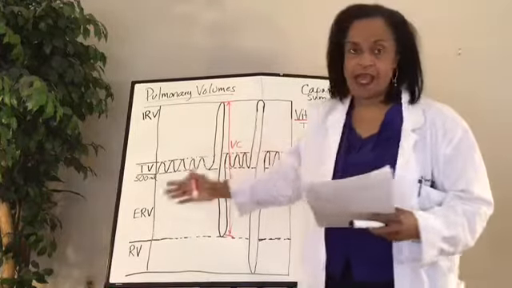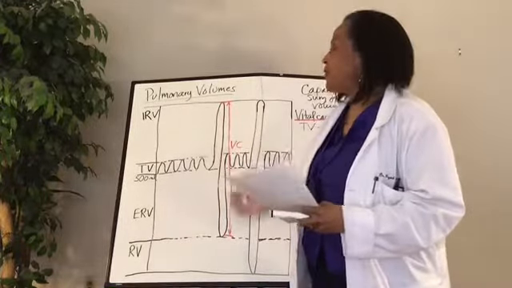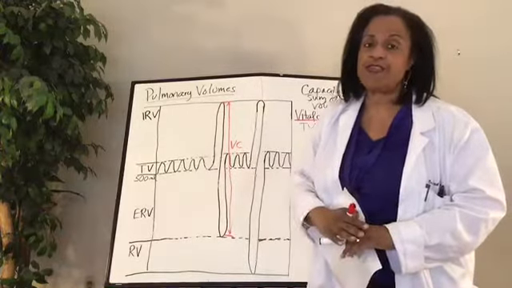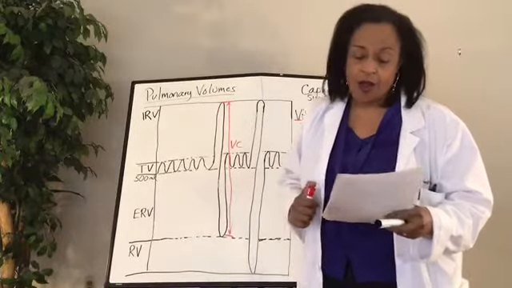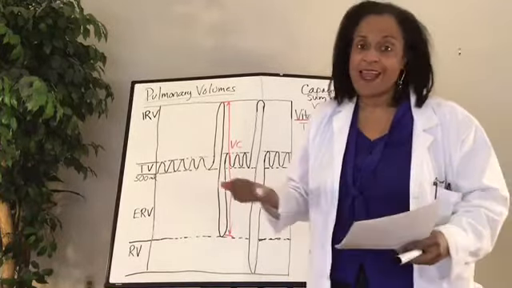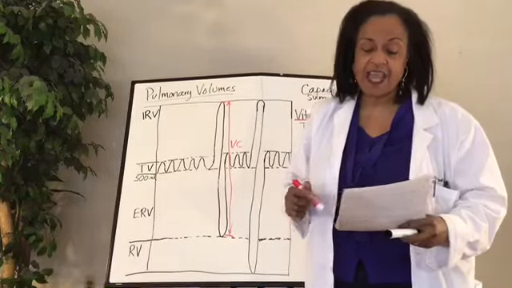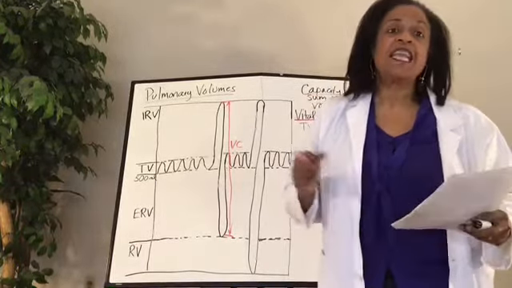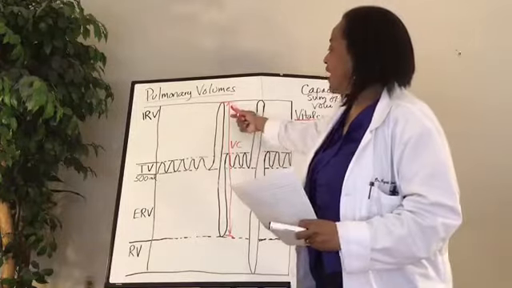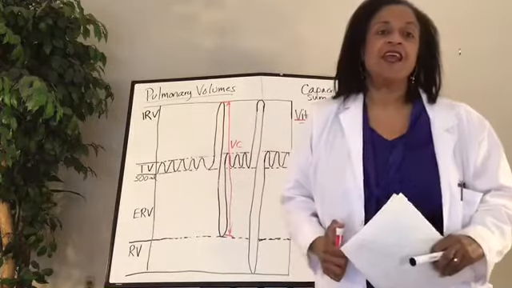Then the alveoli, the vital capacity is going to definitely be decreased. The alveoli are going to lose their elasticity, and they're going to be unable to recoil normally for expiration. All of these things can affect the vital capacity.